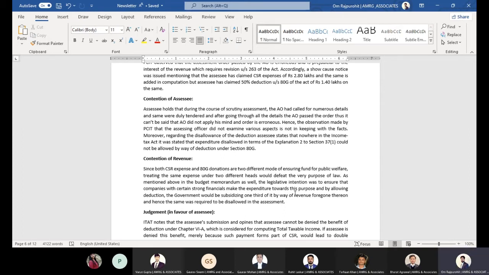The revenue also contended that as per the memorandum, the legislative intention was to ensure that companies with strong financials make the expenditure toward this purpose, and by allowing deduction the government would be subsidizing one third by way of revenue foregone. Therefore, if any fund is allocated for public welfare, then the deduction is not permissible.